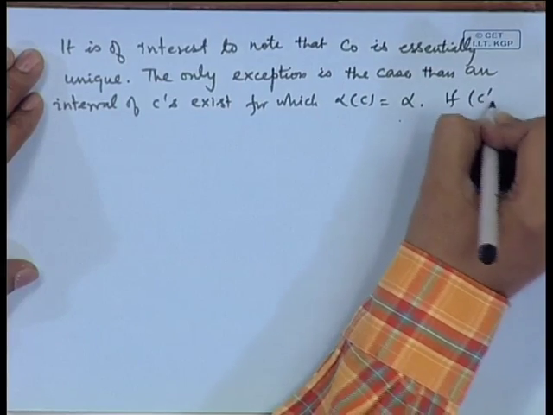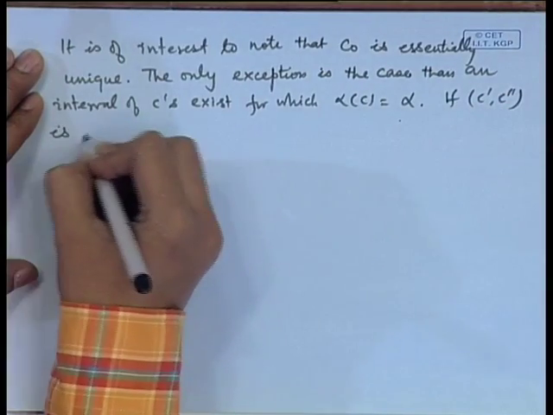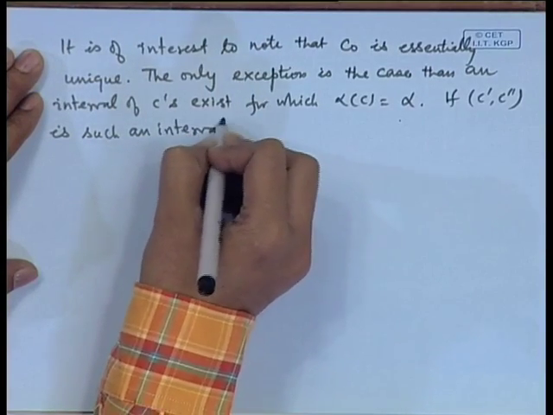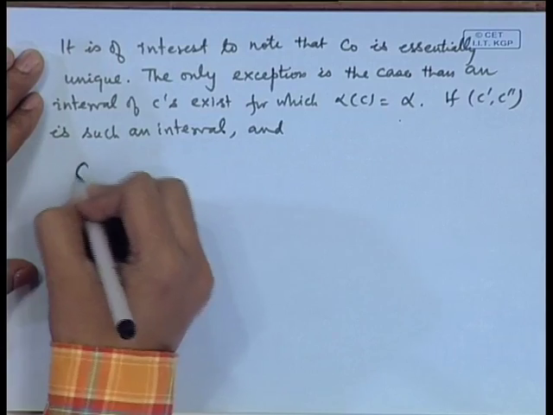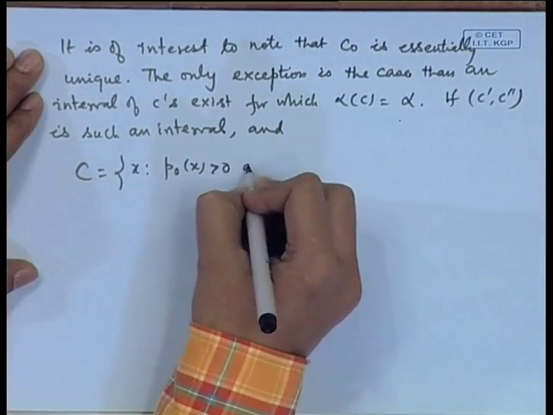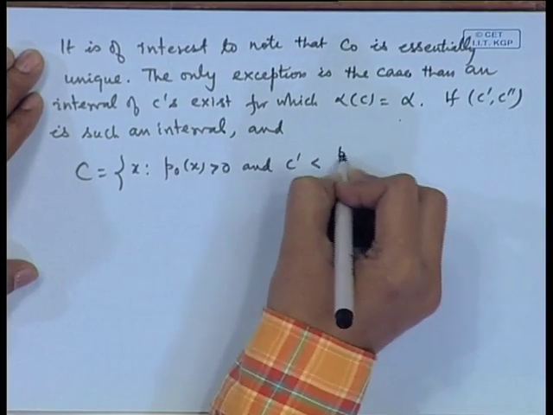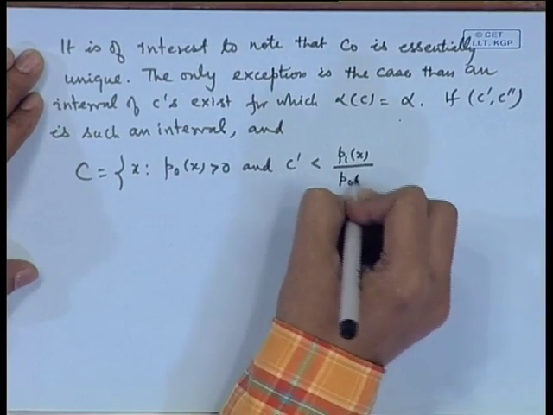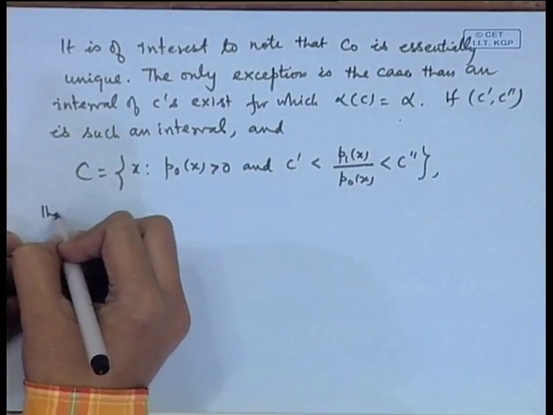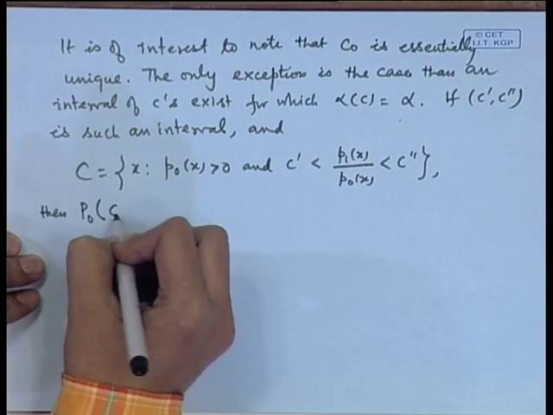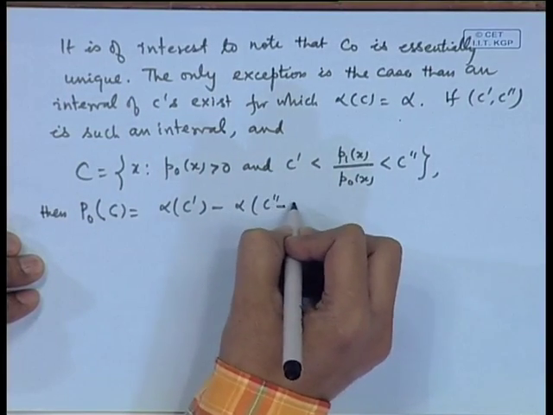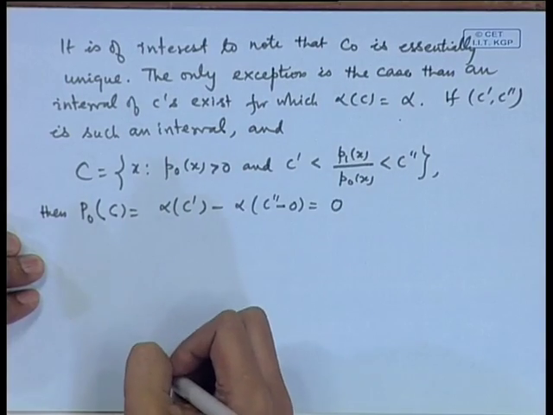So, if C prime to C double prime is such an interval, and C is equal to the set of x such that P naught x is greater than 0 and C prime is less than P 1 x by P naught x is less than C double prime, then P naught of C is equal to alpha C prime minus alpha C double prime minus 0, which is actually equal to 0.